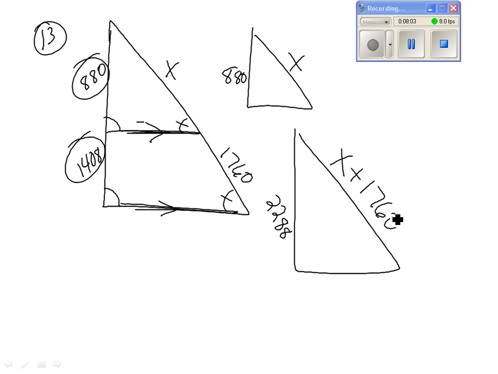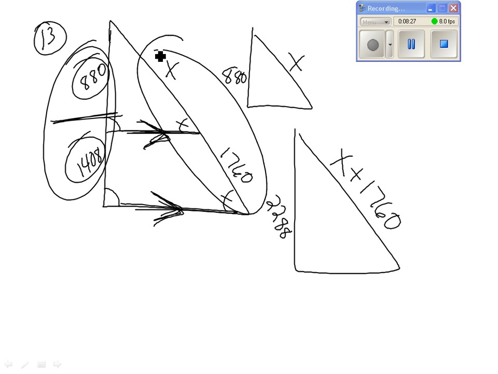Thank you. This side over here would be X plus 1,760. Now that's what we would have had to do if we didn't have the theorem that we had last class. The theorem said that if this is parallel to this, then you can just set up a ratio where these two compare to each other and these two compare to each other.